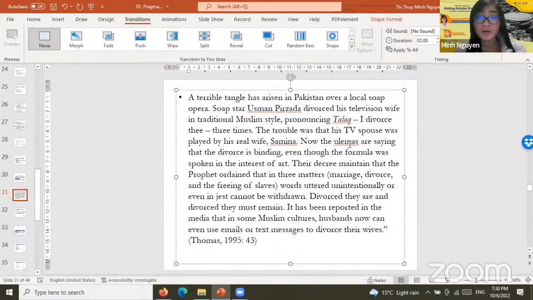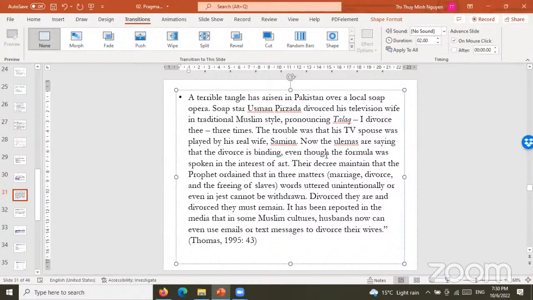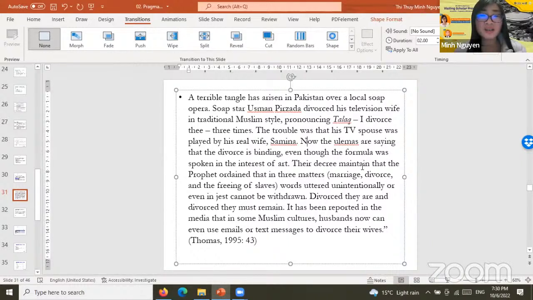Now the ulemas are saying that the divorce is binding, even though the formula was spoken in the interest of art. The decree maintained that the Prophet ordained that in three matters, marriage, divorce, and the freeing of slaves, words uttered unintentionally or even in jest cannot be withdrawn. Divorce they are, and divorce they must remain.